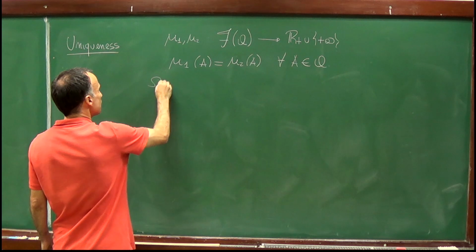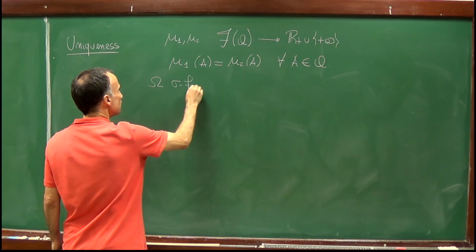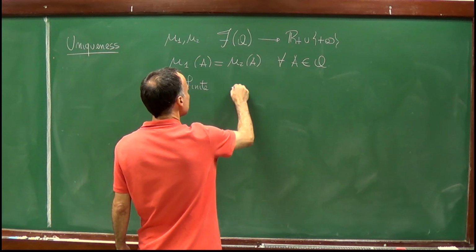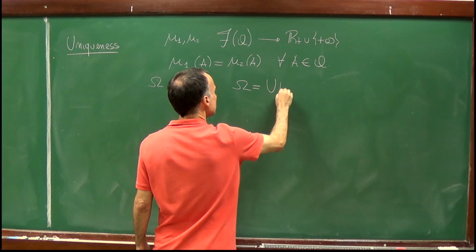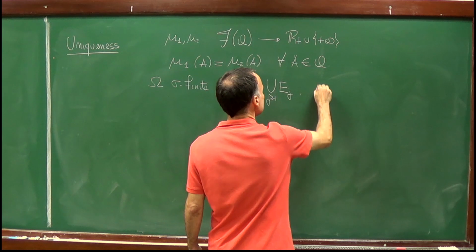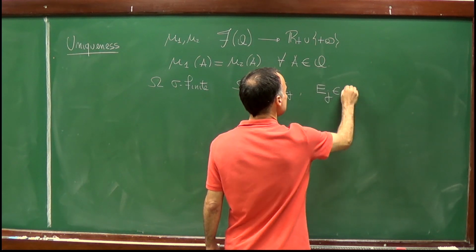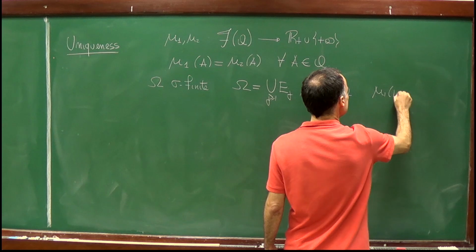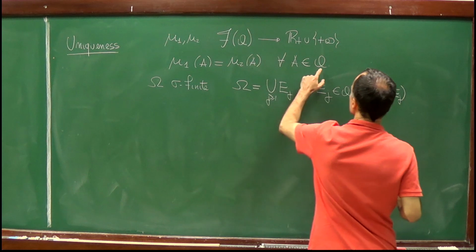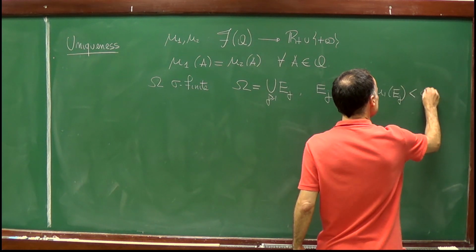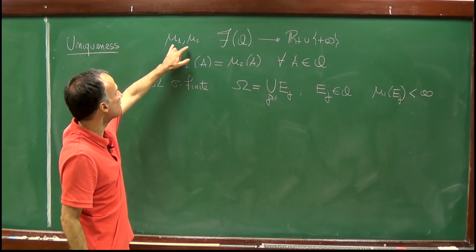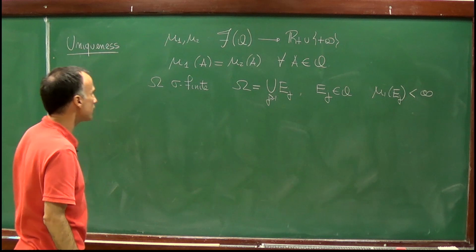And omega is sigma finite in the sense that omega can be written as a union of Ej such that Ej belongs to the algebra and mu1 of Ej, which is equal to mu2 of Ej because mu1 and mu2 coincide on the algebra, is finite. So here are the assumptions, and what we want to show is that in fact mu1 and mu2 coincide on F of A.